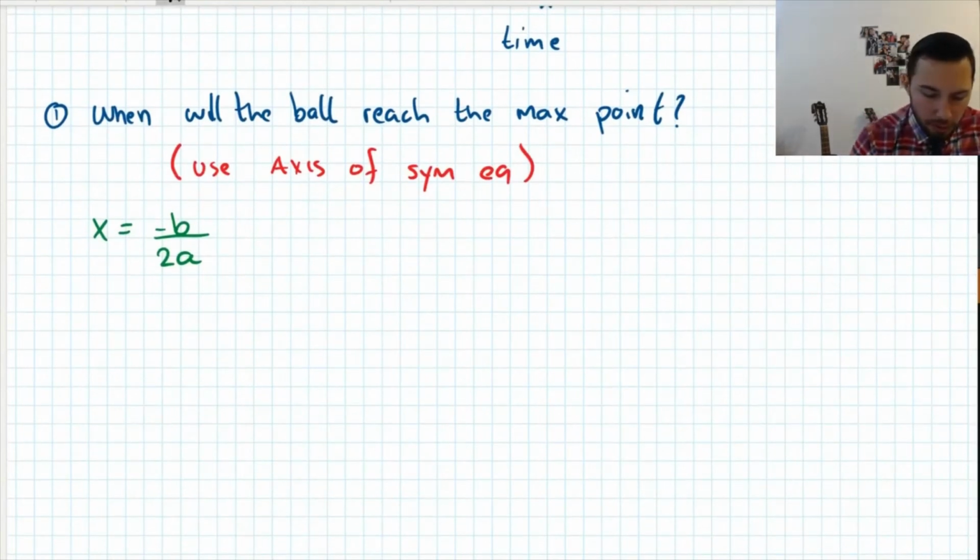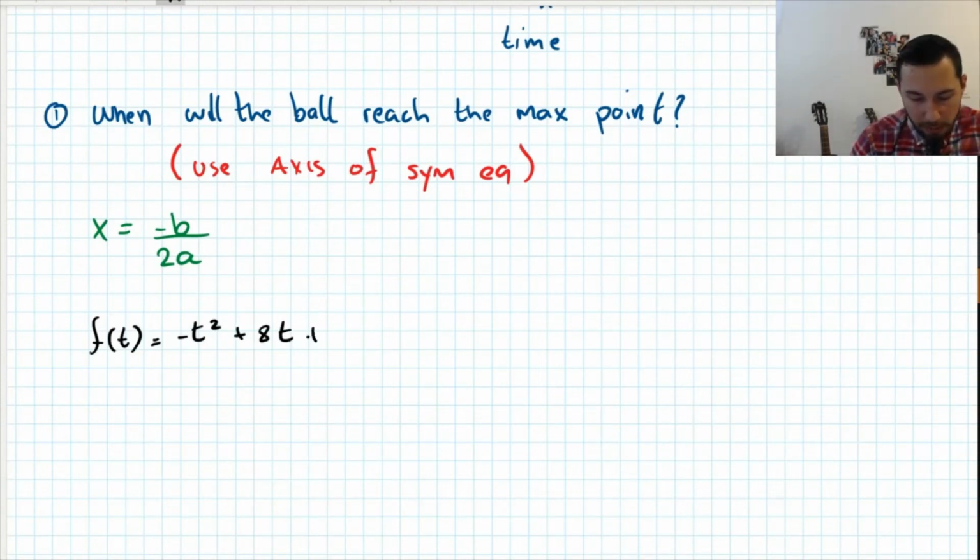So my equation was negative t squared plus 8t plus 9, so let's make that f of t is equal to negative t squared plus 8t plus 9. And this is my a value, and this is my b value, and this is my c value.